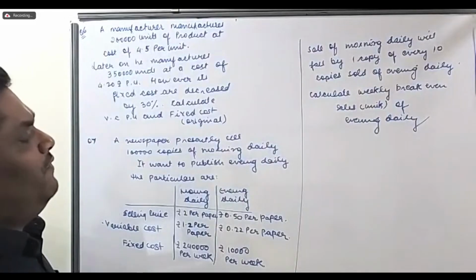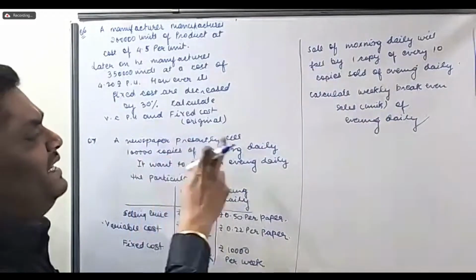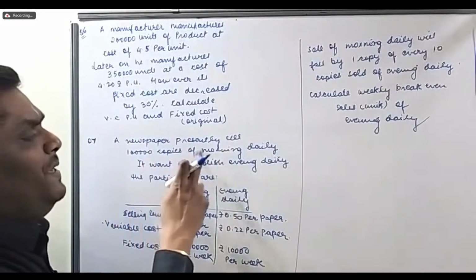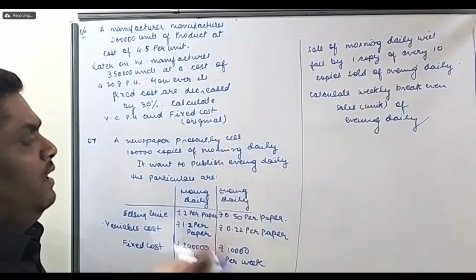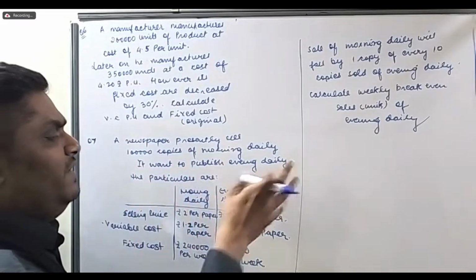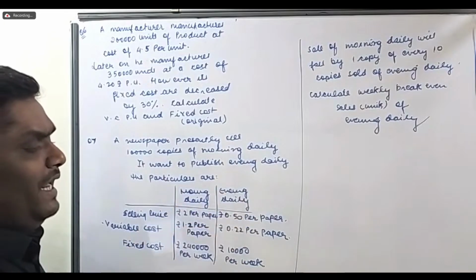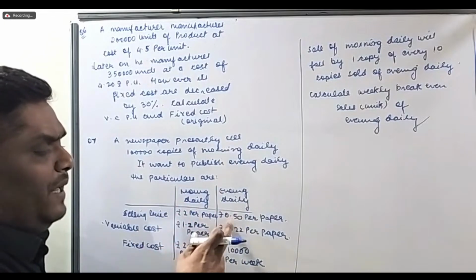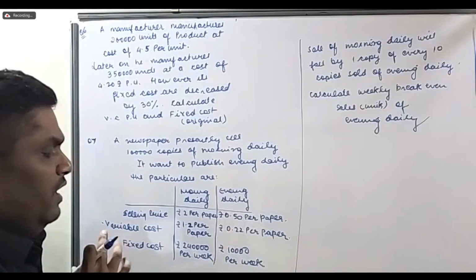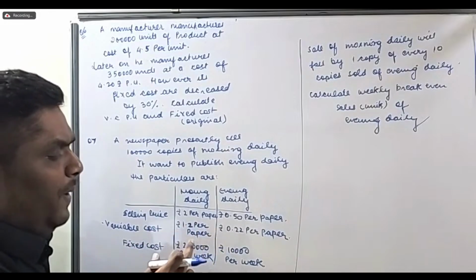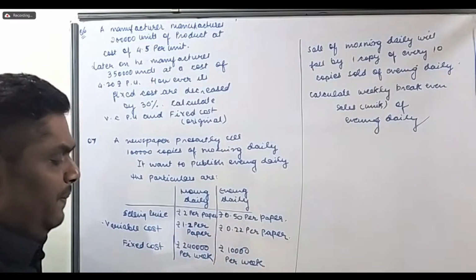So this is the question for you. A newspaper presently sells 1 lakh copies of Morning Daily. Now they are planning to publish Evening Daily also, wherein the selling price is given for Morning Daily and Evening Daily, that is 2 rupees per paper and 50 paisa per paper. Variable cost is 1.2 per paper and 0.22 per paper.